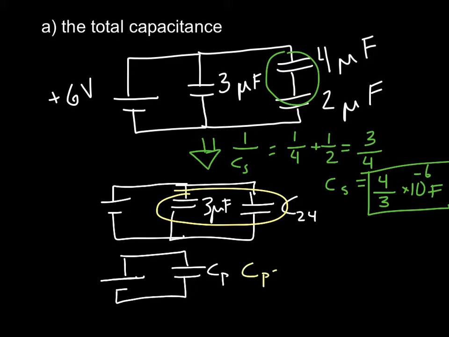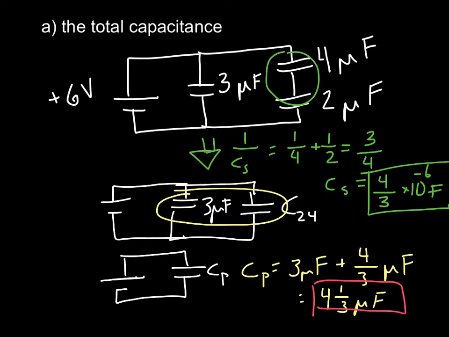And C parallel equals, in this case, 3 microfarads plus 4/3 microfarads, which equals 4 1/3 microfarads. And that is how you get the total capacitance for this circuit, just breaking it down.